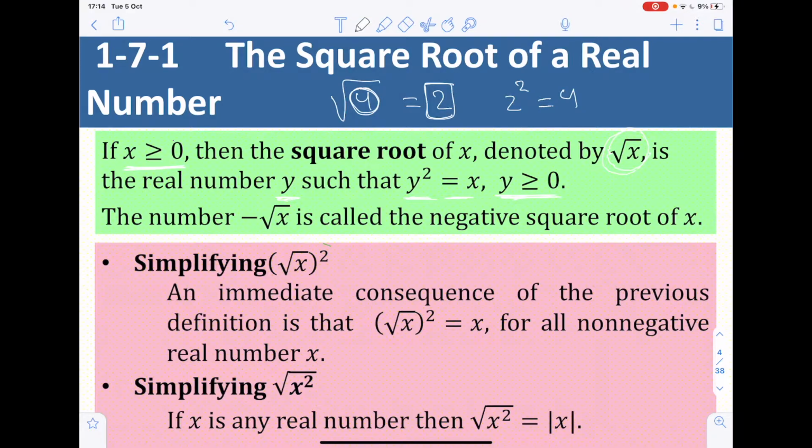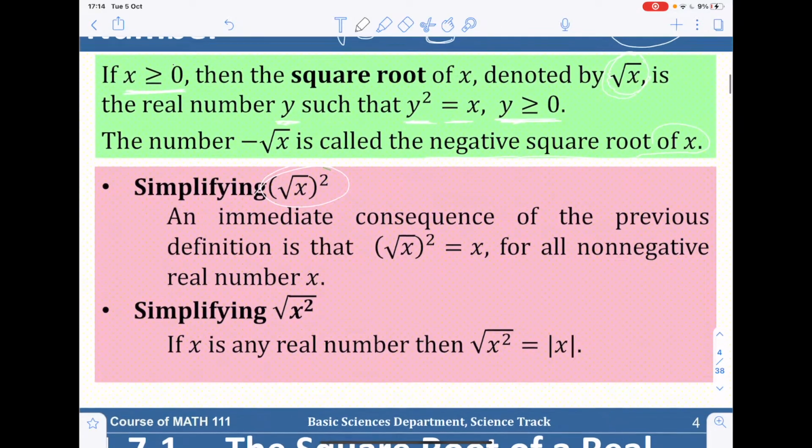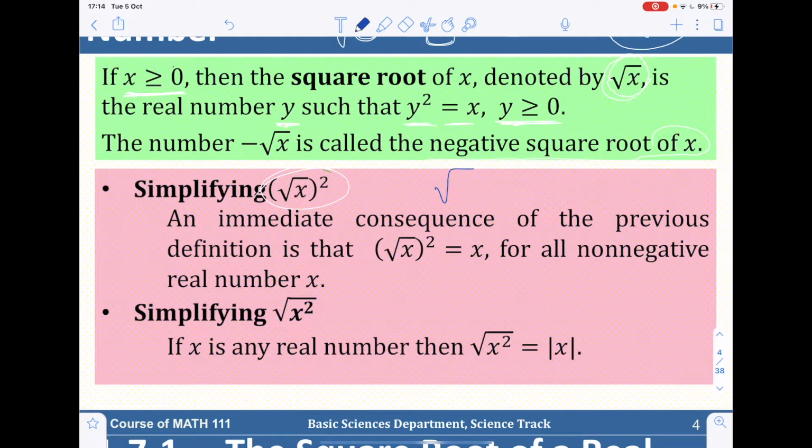And for the negative square root of x, we can read it as the negative square root of x. So now how can we simplify the square root of x squared? Basically, the root by itself is a special case of the exponent.